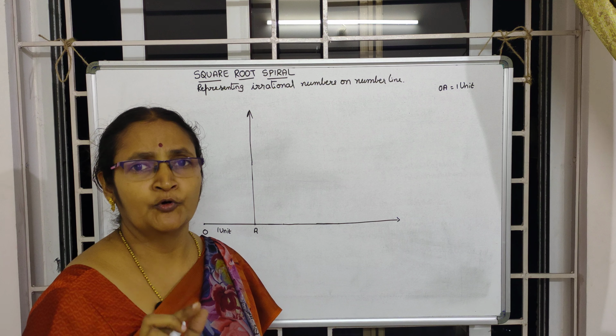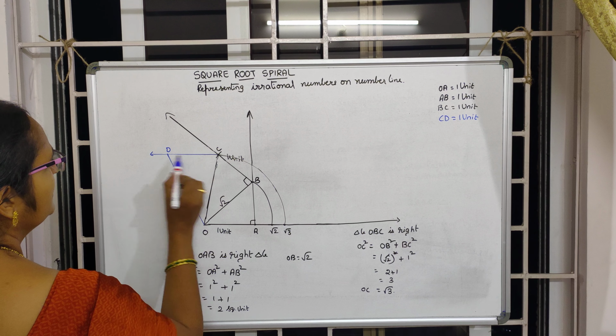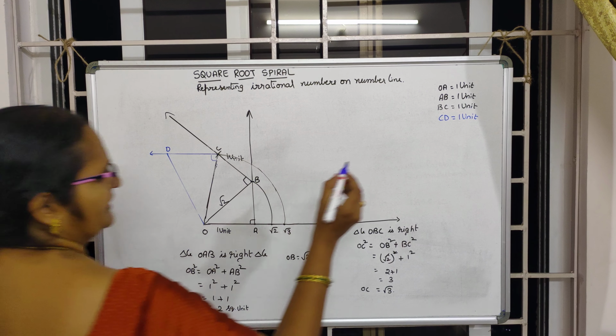Again on this one, I am going to mark a point D such that CD equals 1 unit. Now I will join O and D. OCD is a right triangle.